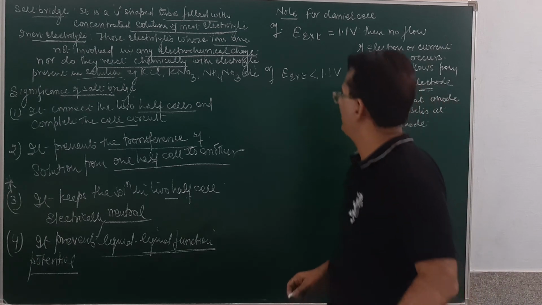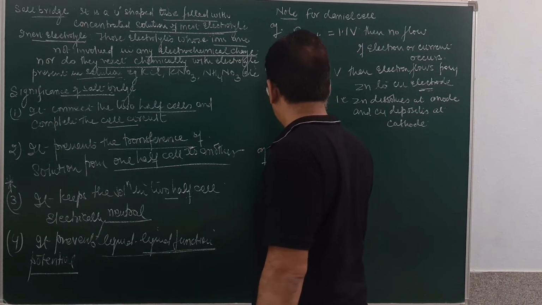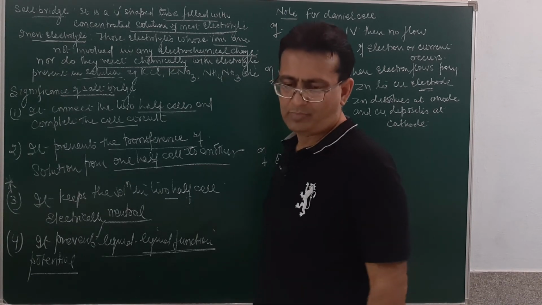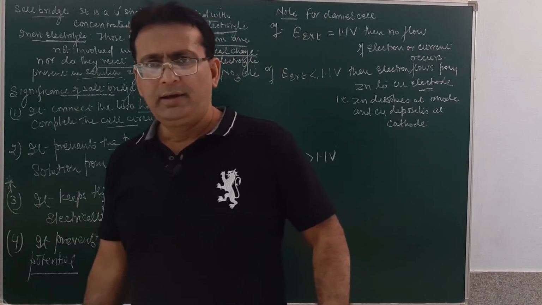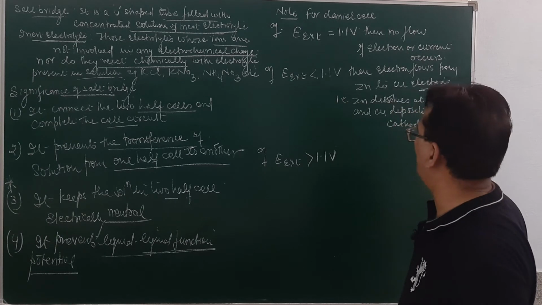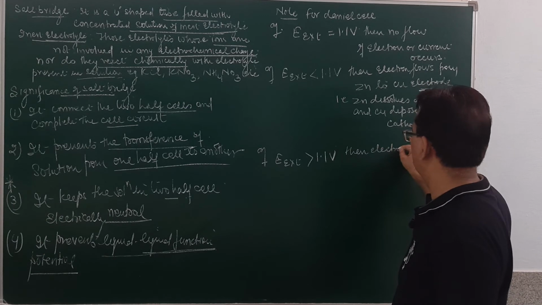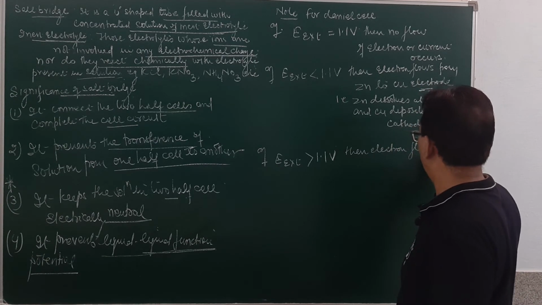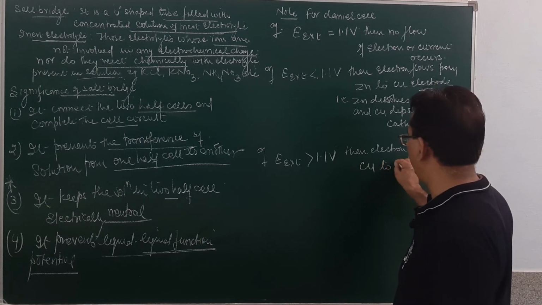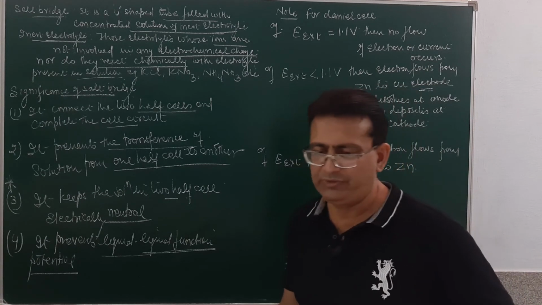Am I clear? Now, if E external is greater than 1.1 volt, then in that case, electron flows from copper towards zinc. Then the electron flows from copper to zinc.